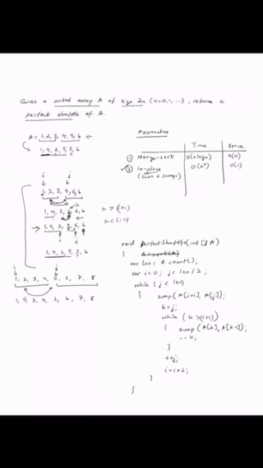Now your 2 is supposed to be here. The perfectly interleaved output is, I'm just going to put it down here. It's 1, 5, 2, 6, 3, 7, 4, 8.